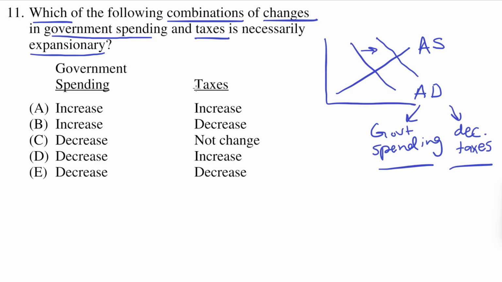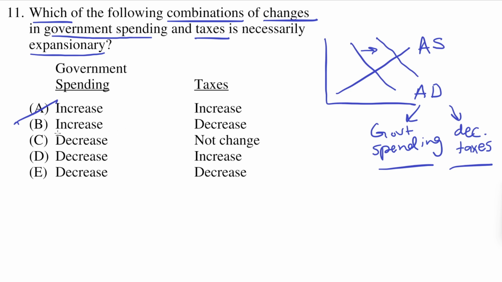So there's a chance that if the increase in taxes causes more of a leftward shift of the aggregate demand curve than the increase in government spending, then this might actually result in non-expansionary, contractionary government policy. So increasing taxes, we don't know whether this might have a higher effect than the increase in government spending.